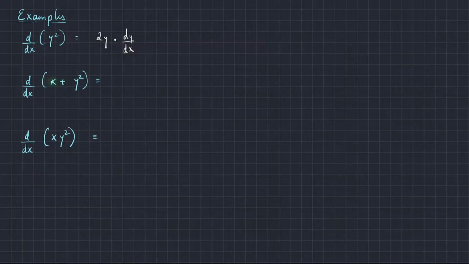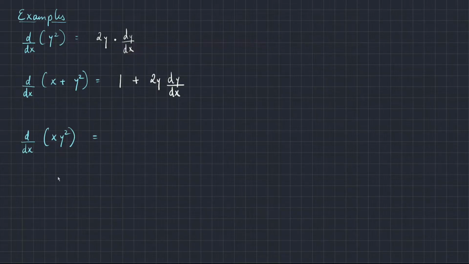The derivative of x with respect to x is just 1, and the derivative of y squared with respect to x, we derived over here, is 2y dy/dx. So notice how we are actually taking the derivative with respect to x of an expression that contains both x as well as y. This is going to be very useful in implicit differentiation.